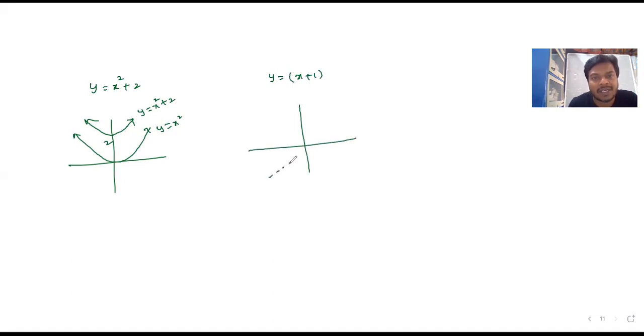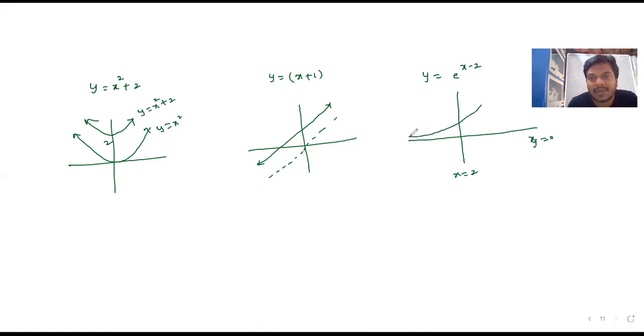We know the graph of y equal to x, plus 1 means shift 1 unit, like this. Next, y equal to e power x minus 2. First the x axis, then x equal to 2. Here the x axis is nothing but y equal to 0. And then simply the e power x graph. And then go for the y axis.